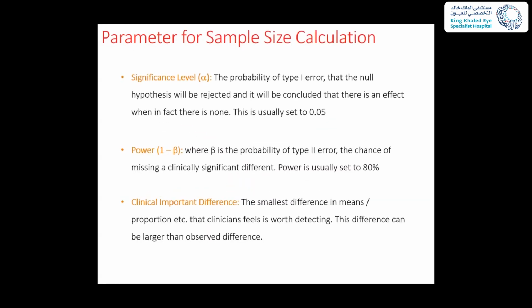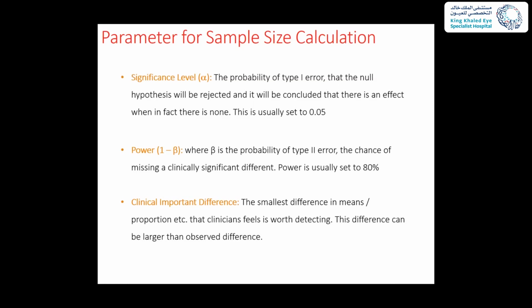I'm not going to talk much about what Dr. Ahmed talked about, but the significance level is what is known as the p-value. It's usually set to 5%. Power, 1 minus beta, here we have a little flexibility. Usually it should be 90%, but if we find that the sample size is more than what I expect, it will be a burden for me, so we can lower the power to 80% whenever it's possible.